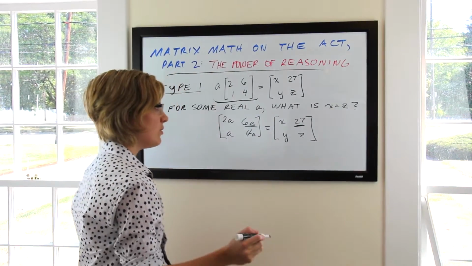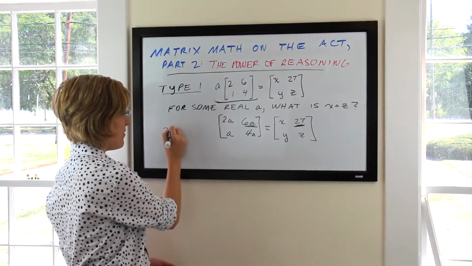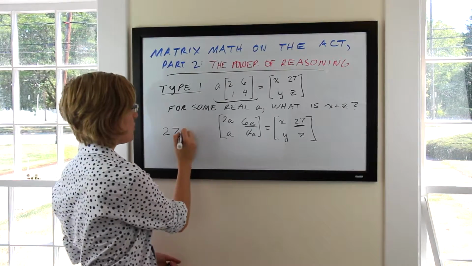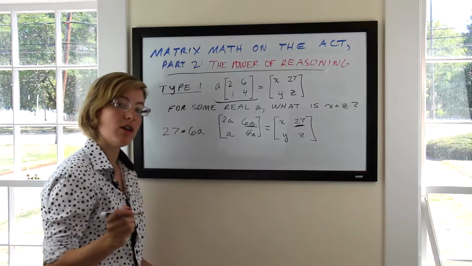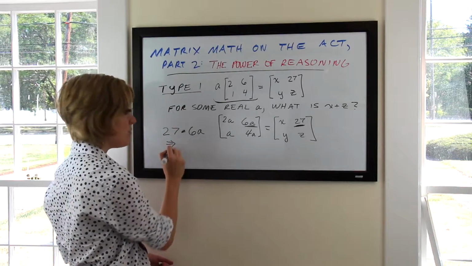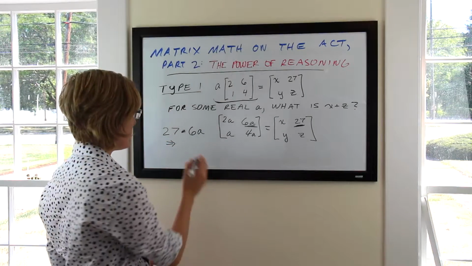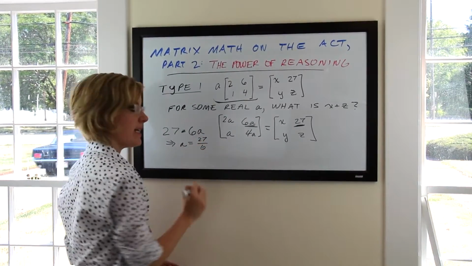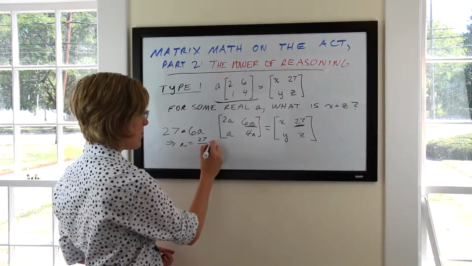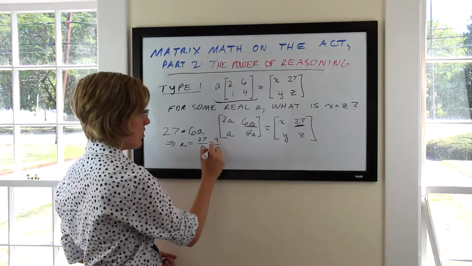So we're going to say 27 equals 6A, and we're going to solve for A, so we can use it in the rest of the problem. So A equals 27 over 6, divide top and bottom by 3, and we get 9 over 2.